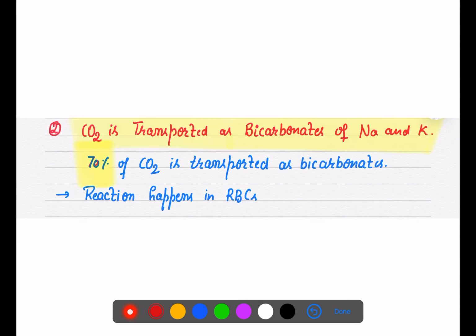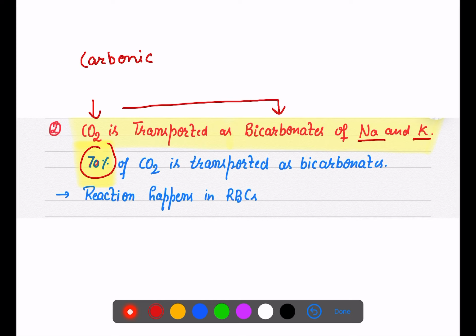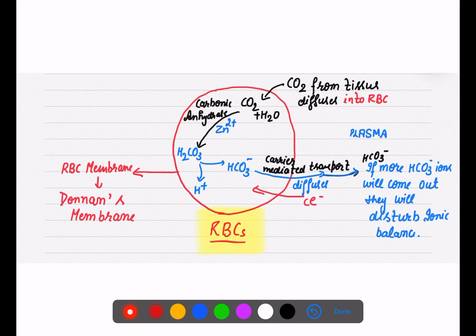So the first form was carbonic acid. The second form in which CO2 is transported is the bicarbonates of sodium and potassium. 70%, the maximum amount of CO2, is transported as bicarbonate ions, and this reaction starts in the RBC.